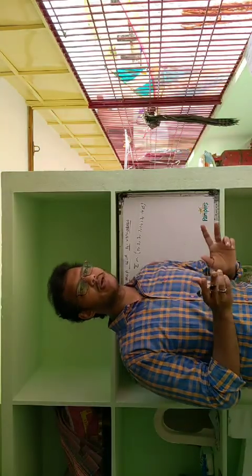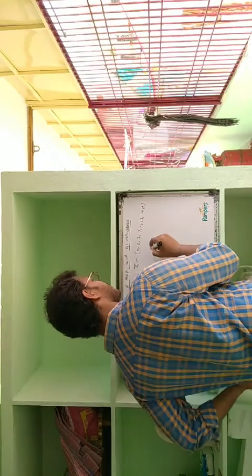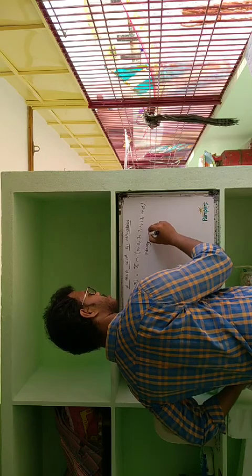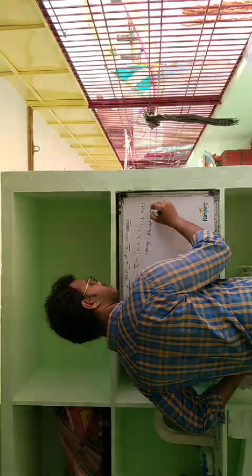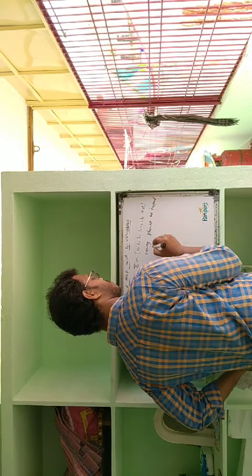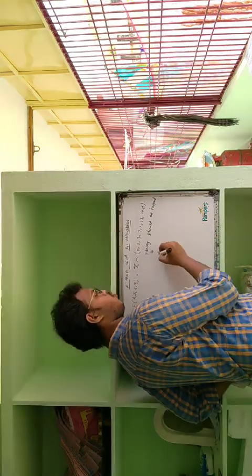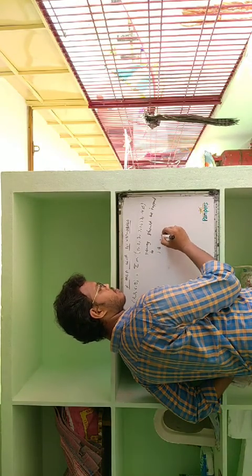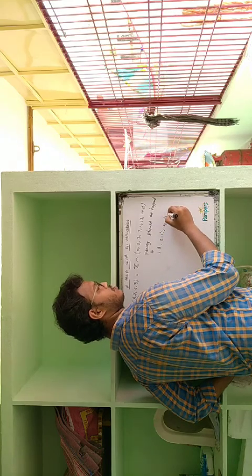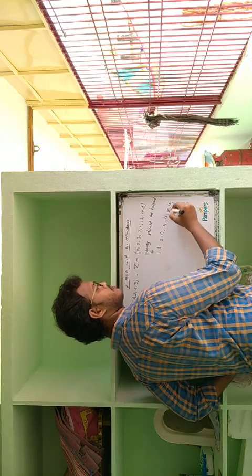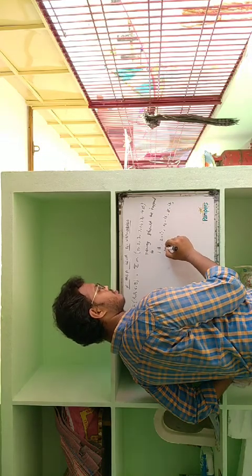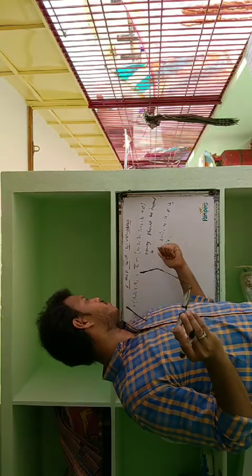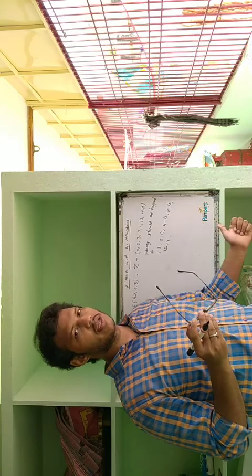The pairing should happen in groups of 1 once, 2 once, 4 once, 8 once, 16 once.